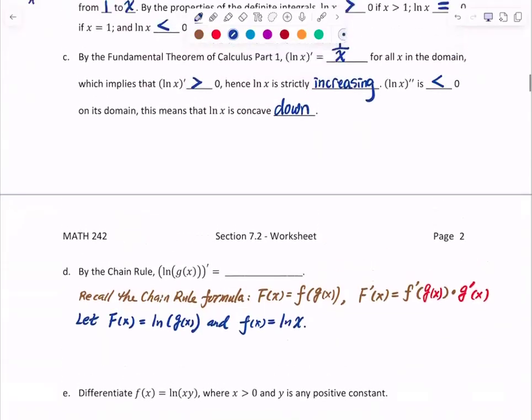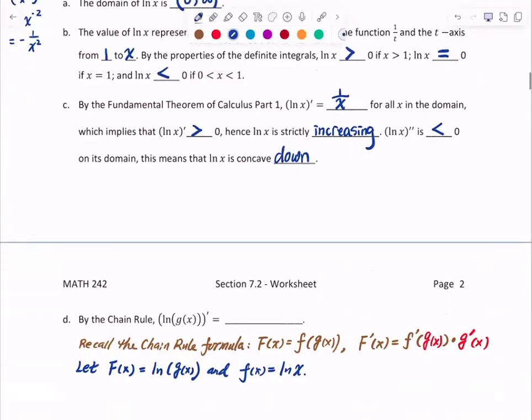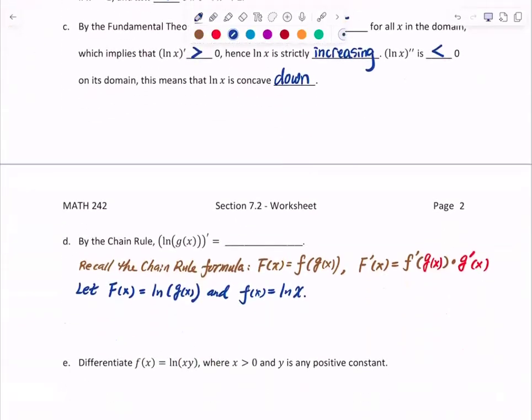Remember? 1 over x. Okay, I gave you a minute, see if you're able to derive it by yourself using the chain rule formula. Try your best. See if you can basically just apply the chain rule.